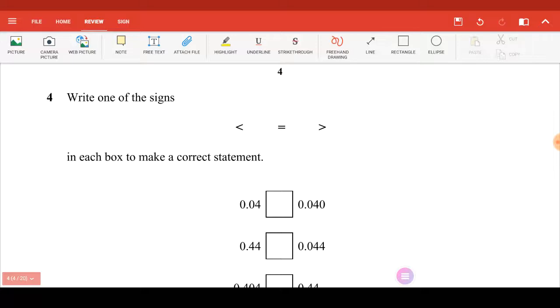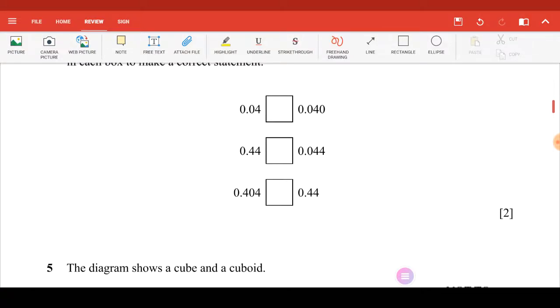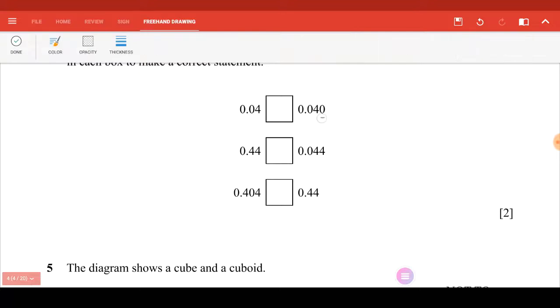Write one of the signs. As you see, the first one, this 0 to the right doesn't make the value higher. If we wrote it 0.04, they are the same.